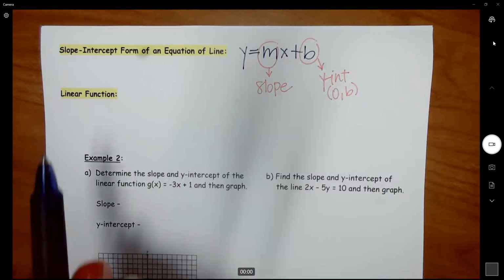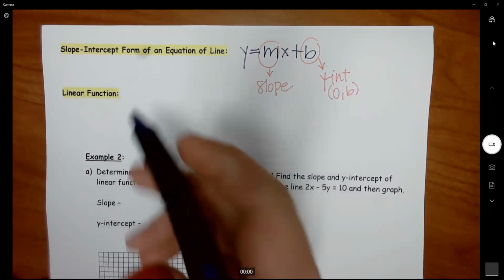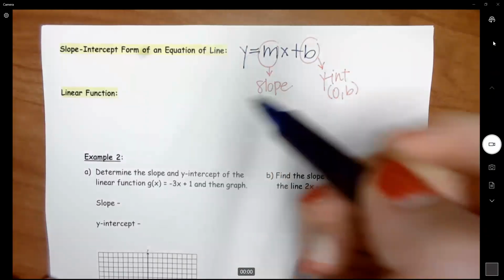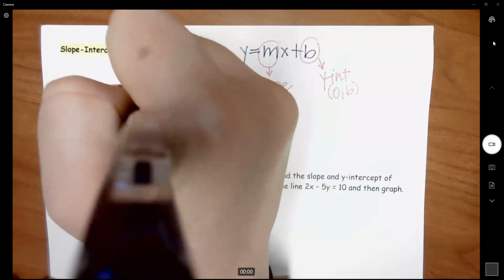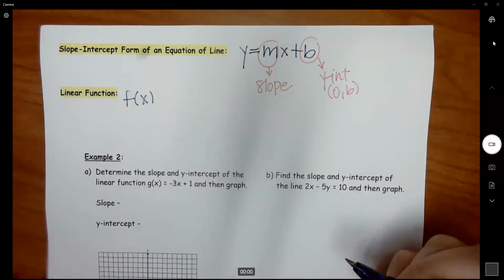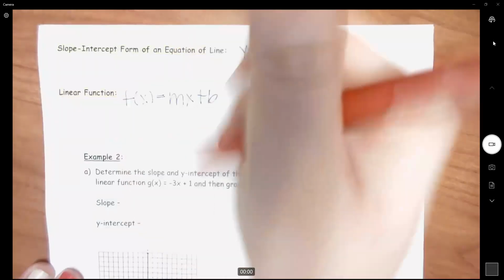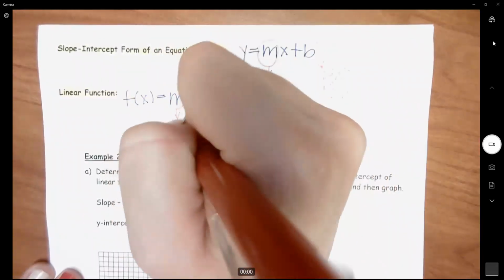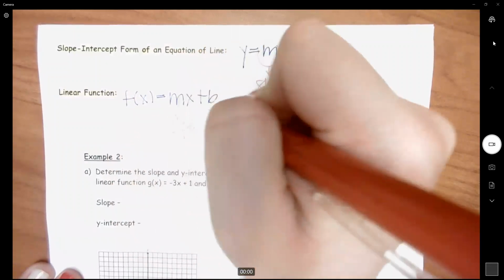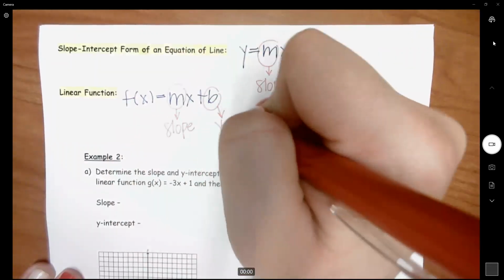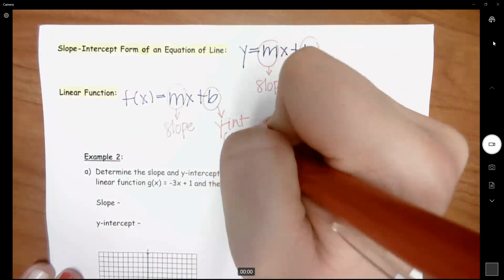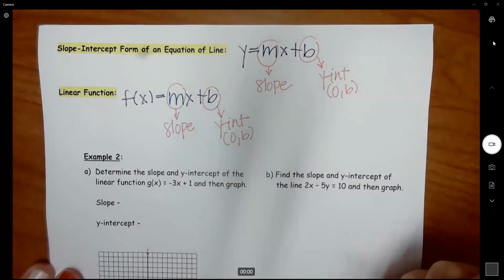We also have something called a linear function. A linear function, instead of y equals, is f of x equals, but then everything else is the same. So f of x equals mx plus b. Again, m tells you your slope, and b is your y-intercept in the form of (0, b).